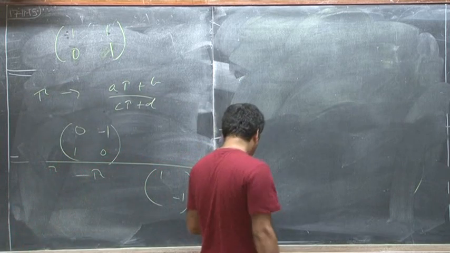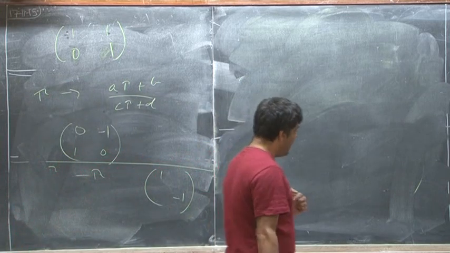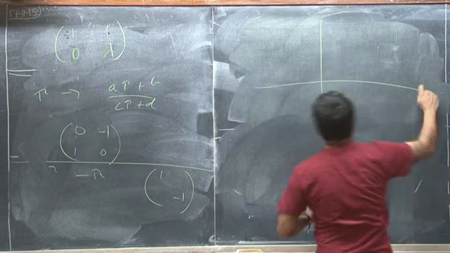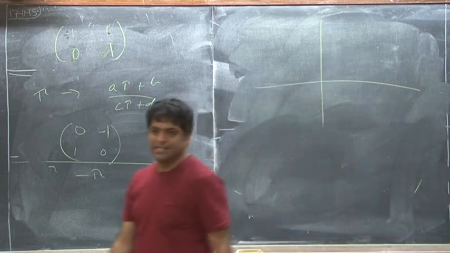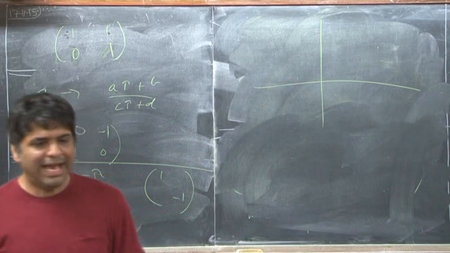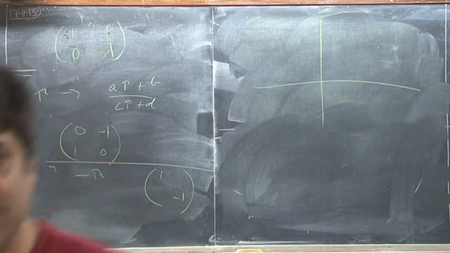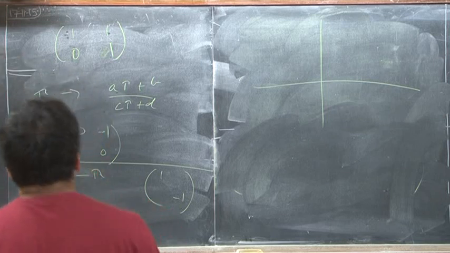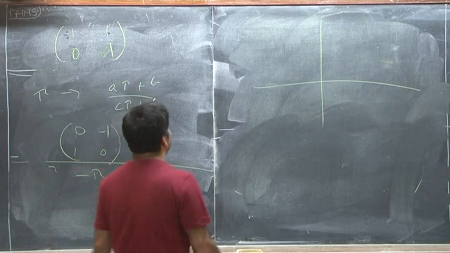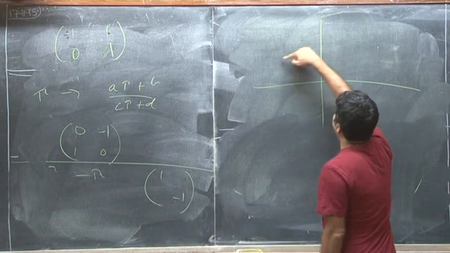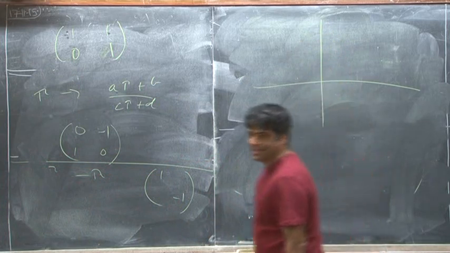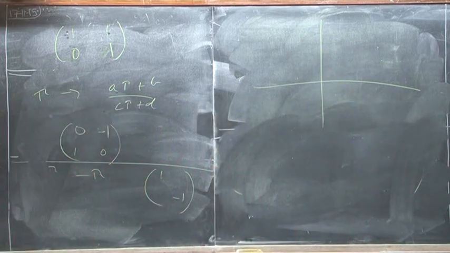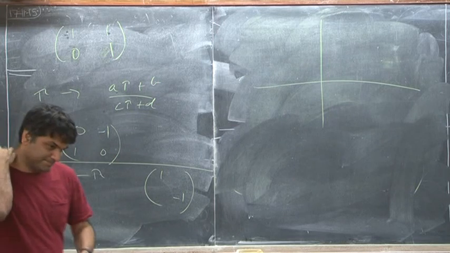Now let's look at the tau plane and see what we can do in restricting to a fundamental domain. I want to make one nice choice of a fundamental domain.